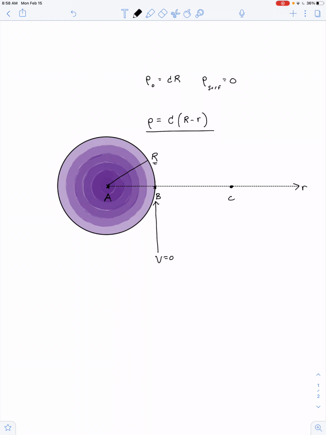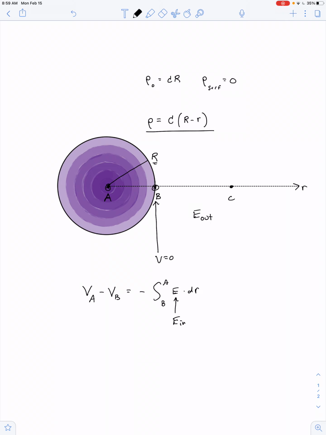So then to find the electric potential at the center, we say that VA minus VB is equal to negative the integral, a path that takes us from B to A, of E dot dr. Because we're talking about the difference between A and B, the electric field we're talking about here is E in, not E out.